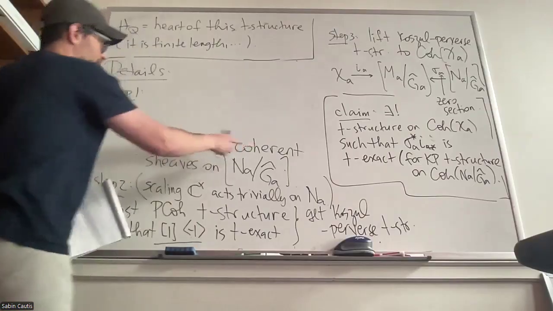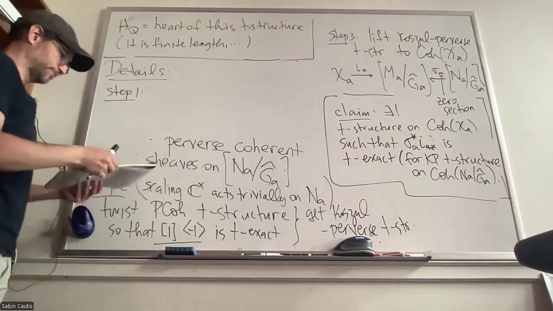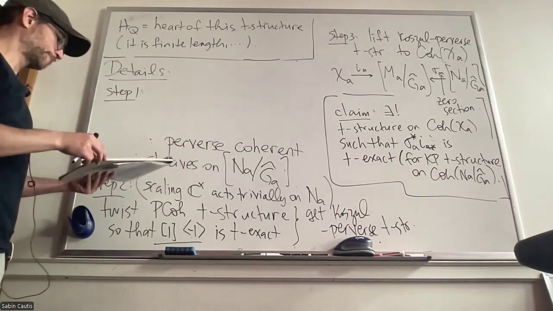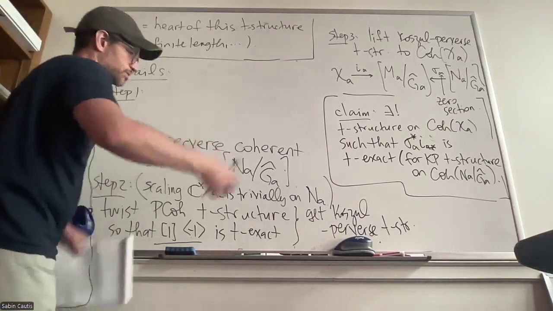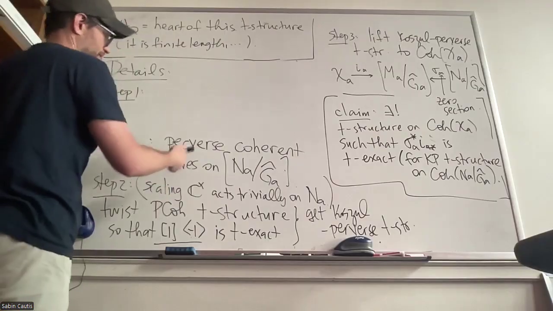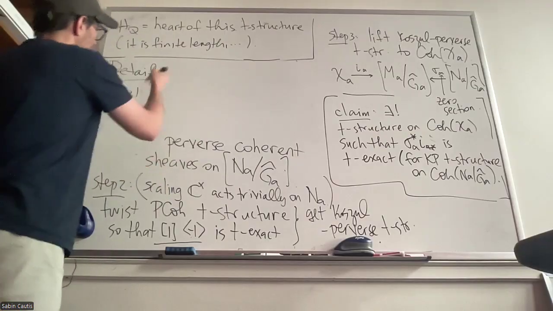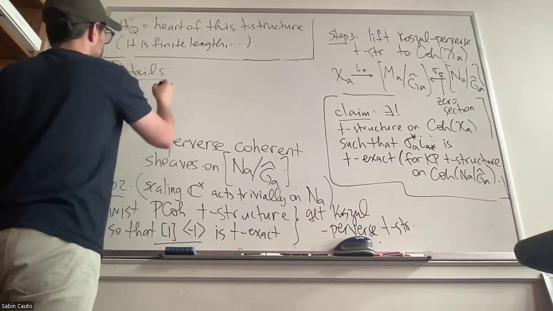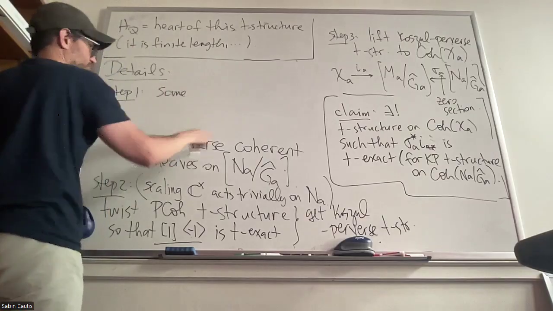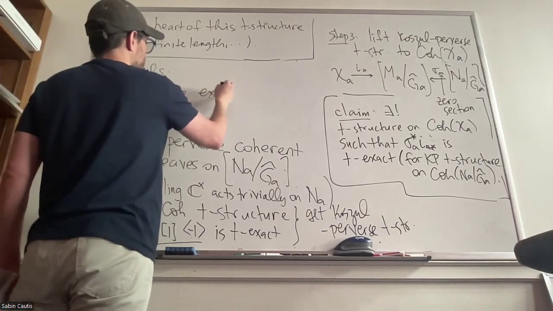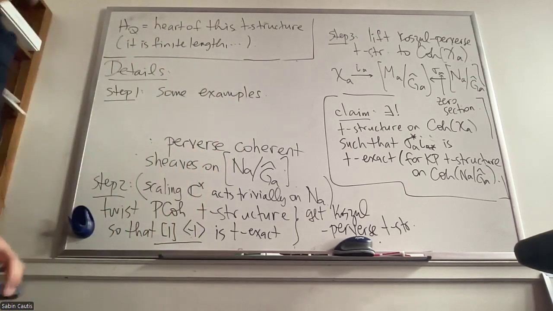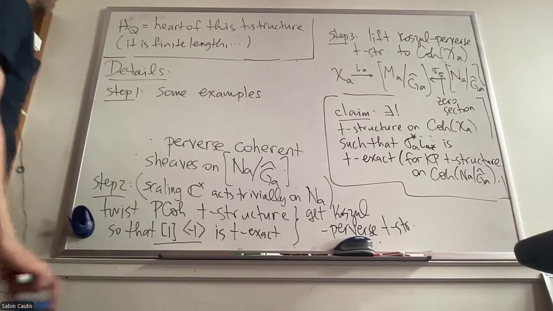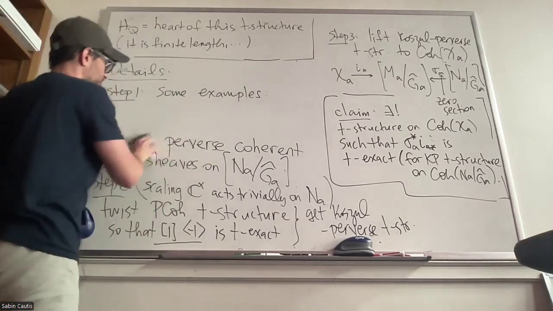I'm not going to go through the definition. One just redoes the same definition as for usual perverse sheaves. I'll just illustrate with some examples of perverse coherent sheaves, because I think that's more instructive than just giving the definition.